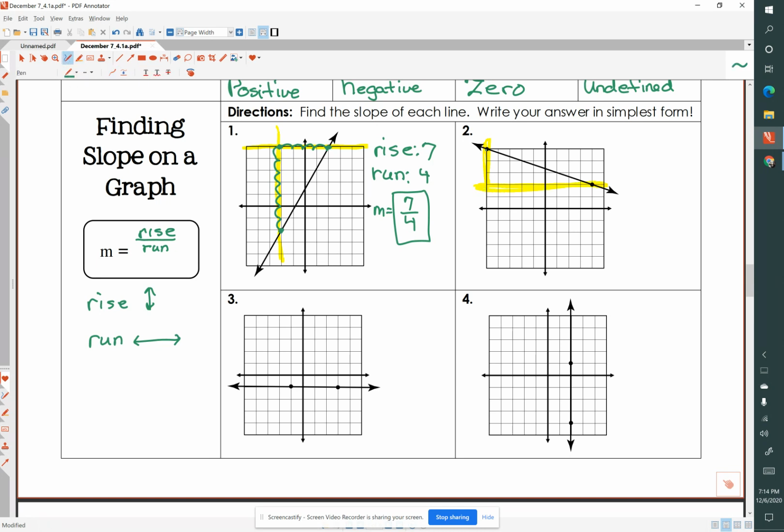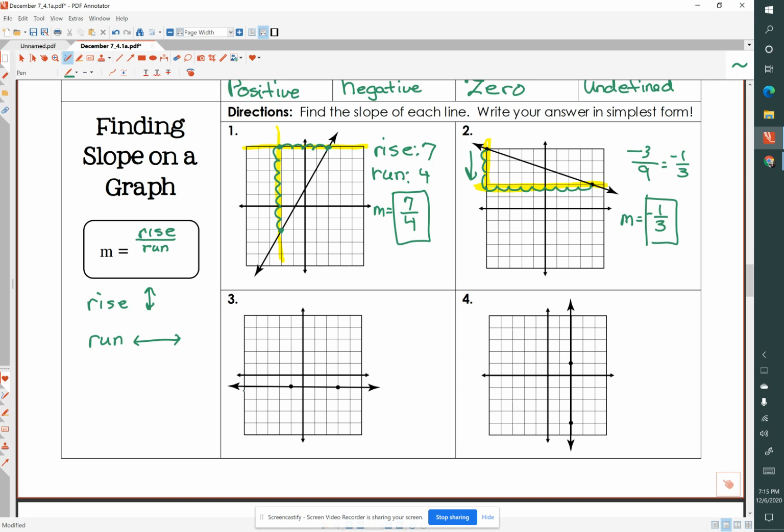Now the rise, we're going down, that means our slope will be negative. 1, 2, 3, so that's a negative 3 over 1, 2, 3, 4, 5, 6, 7, 8, 9 over 9. Now I can simplify that to a negative 1/3. So m equals negative 1/3.